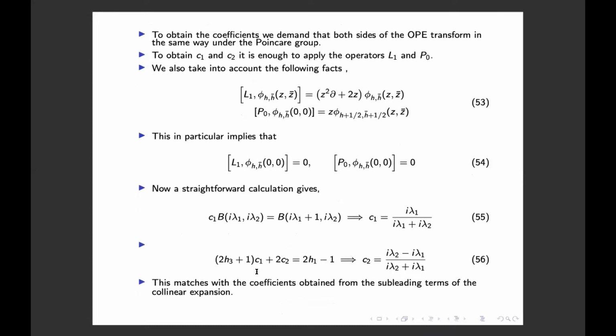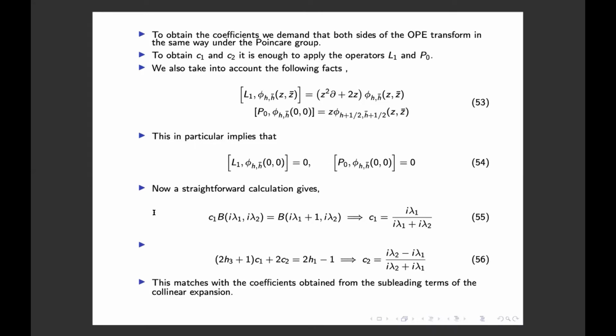In this case, it turns out that you can get C1 and C2 just by applying L1 and P0. Both have negative H bar, negative H. Now the things are extremely standard. You have this L1 commutator with phi and P0 acting on phi, and we know that L1 commutator phi is 0; similarly P0 is the same.